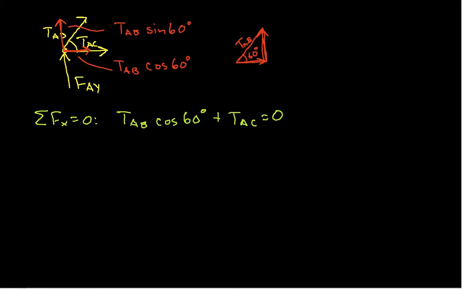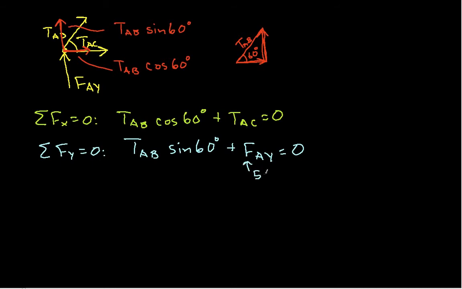And if we sum then in the y direction, we have TAB sine of 60 degrees plus FAY is equal to 0. And remember, we've already computed FAY, so we know this guy here is 500 newtons.